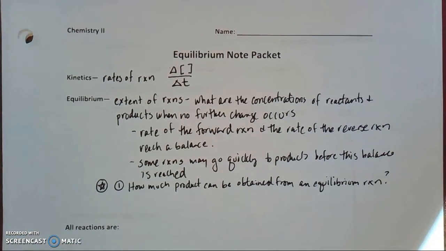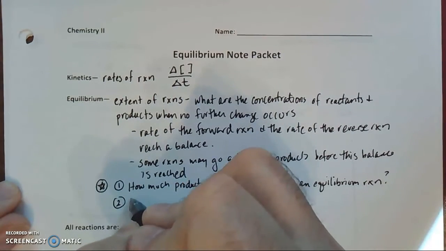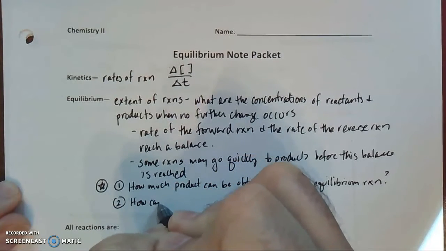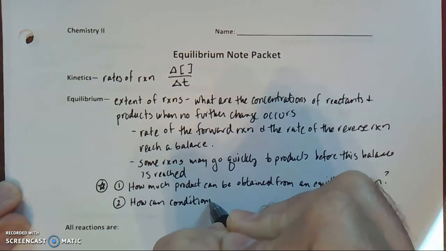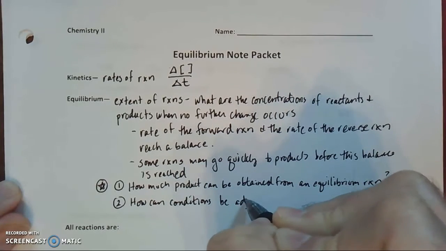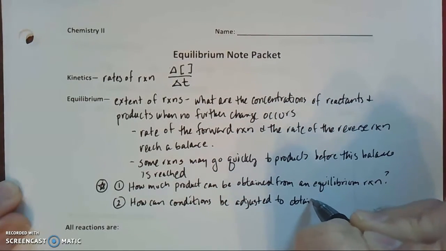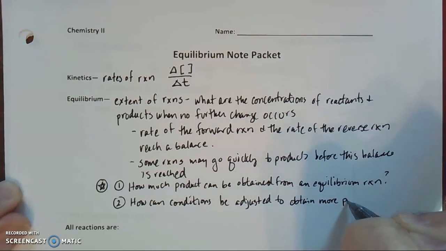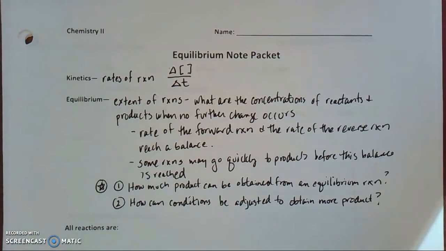If we know that we have this state, this extent of reactions, how much product can we get? And two, how can conditions be adjusted to obtain more product? So what can we do to get more product?